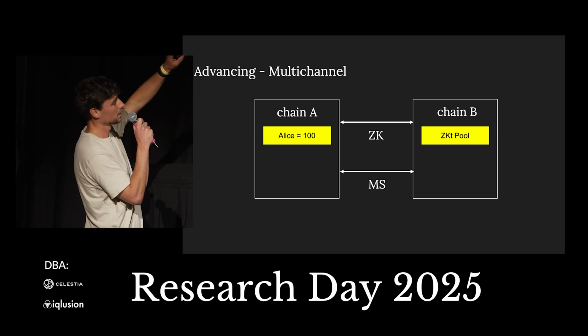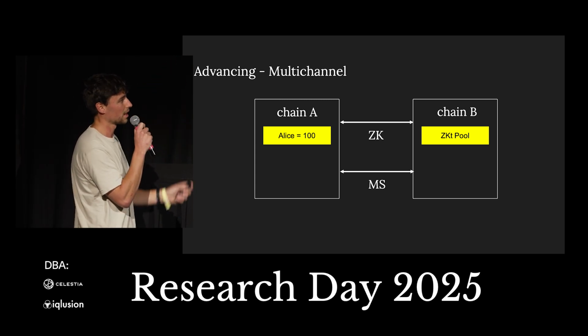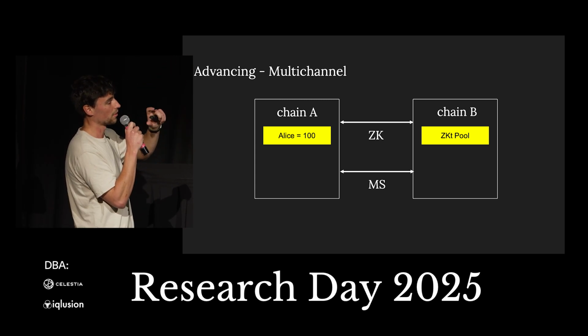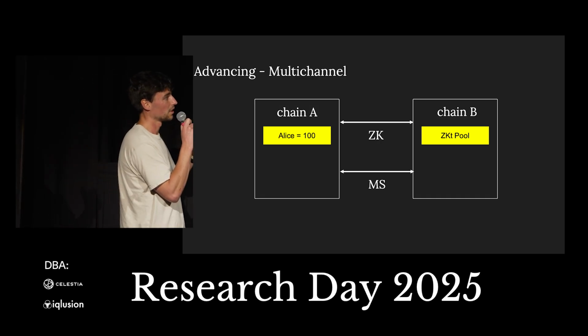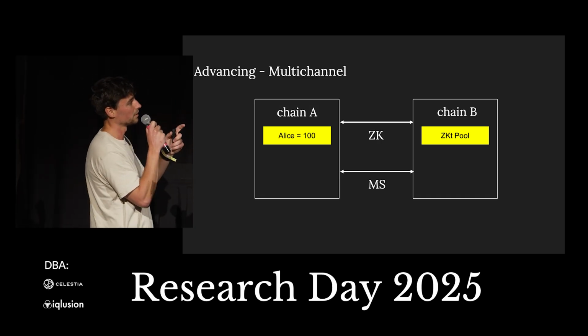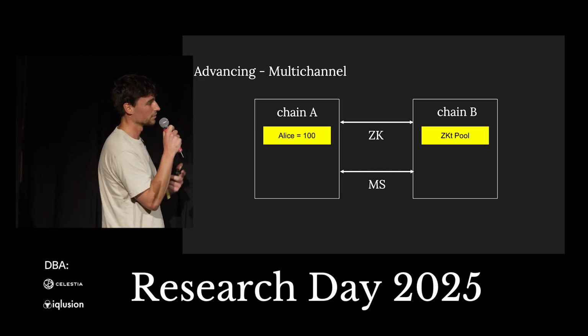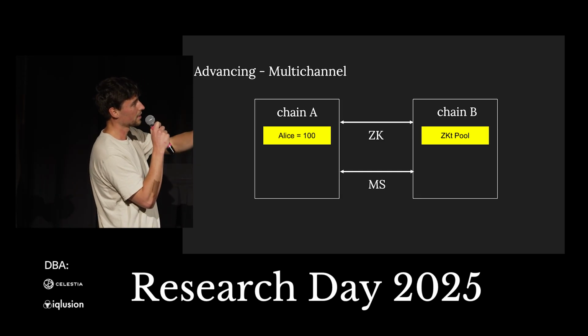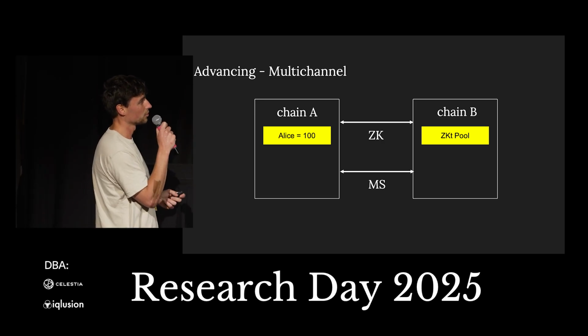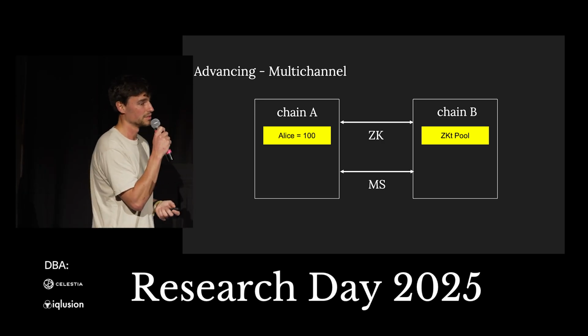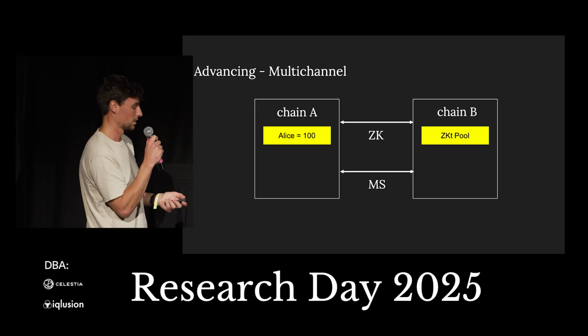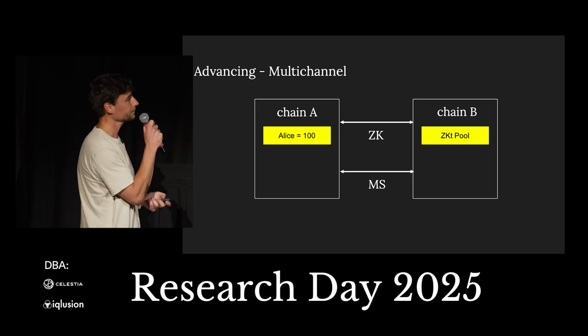And so Alice sends it through the multi-sig, and there is a pool from the fillers which can convert the multi-sig denominated assets into the ZK denominated assets, plus some fee to the filler that's provided the tokens in that pool. Then eventually that filler or this service has to wind it back through chain A, through the multi-sig, and then back out through the ZK version to fill up that pool. And so they get paid for doing that.